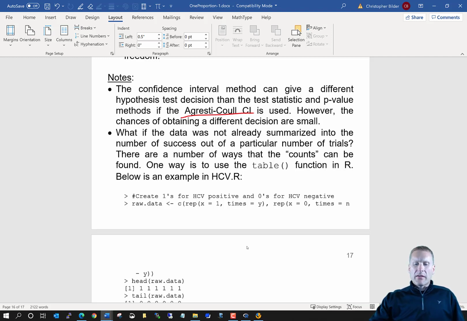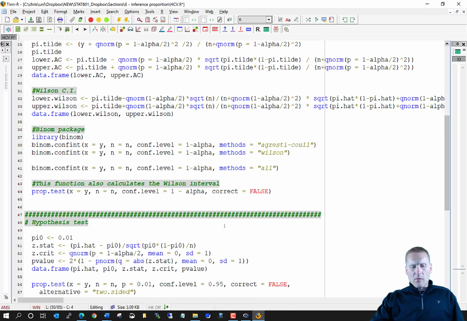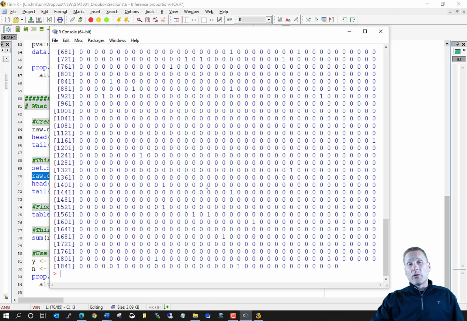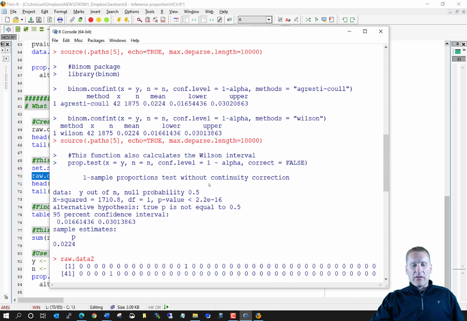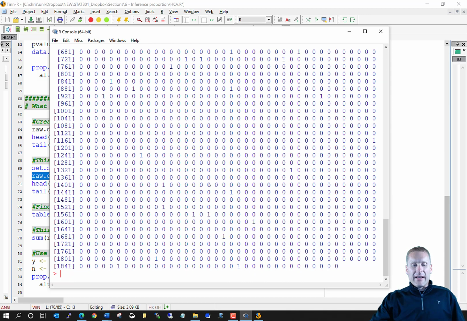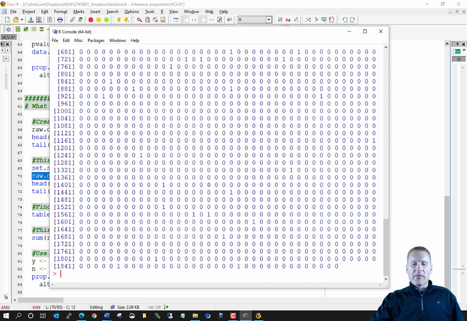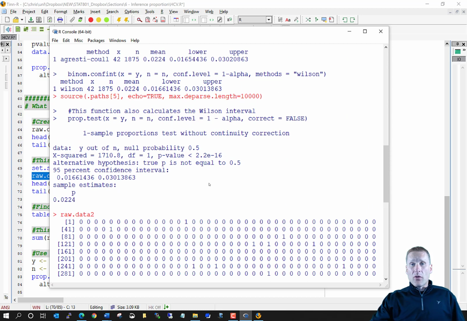Typically in this kind of situation, what you will have is a bunch of zeros and ones, where zeros are failures and ones are successes. For us, ones would be who's infected, zeros would be who's not infected. And so here I have 1,875 ones and zeros combined. So you might get your data in this format.